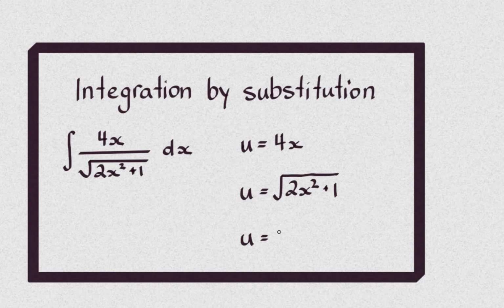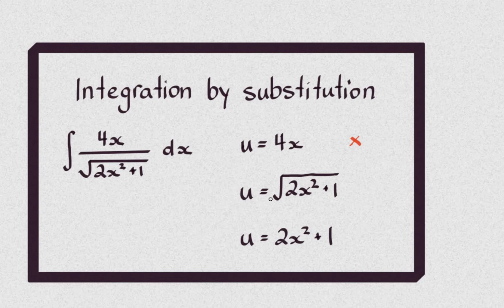Or we could make the substitution u equals 2x squared plus 1. Which of these do you think would help us the most? If we did u equals 4x, the derivative is just 4. That's not really going to help us with this function down the bottom. So we can rule this substitution out.